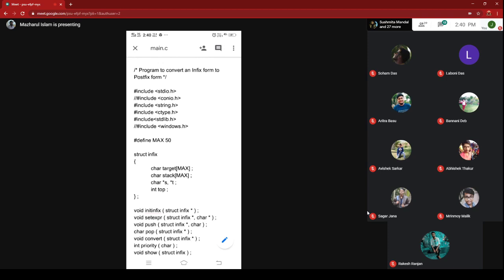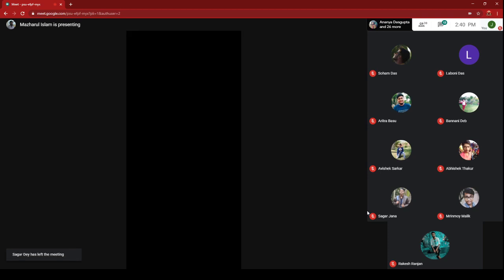When you write a program, you should have a provision for how you will represent and keep the infix expression that you type from the keyboard. You have to store it somewhere in memory, in some data structure.